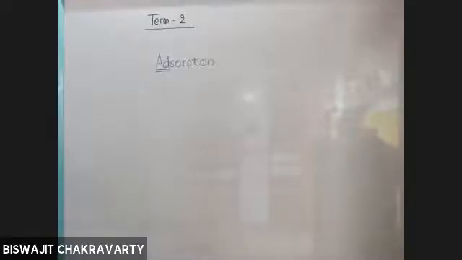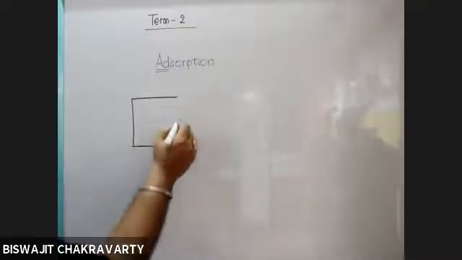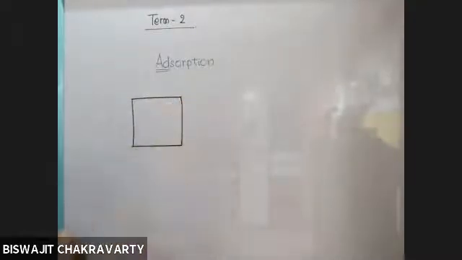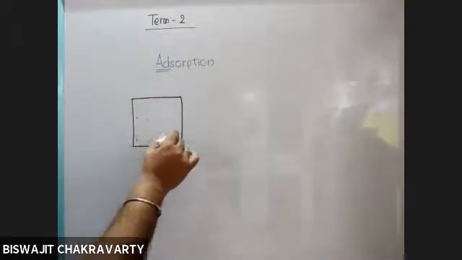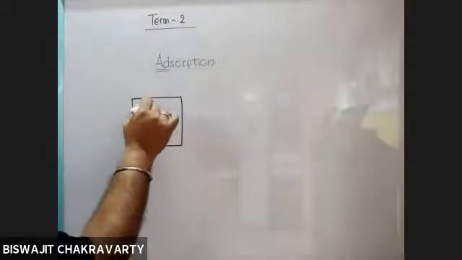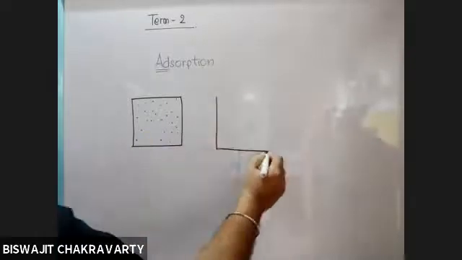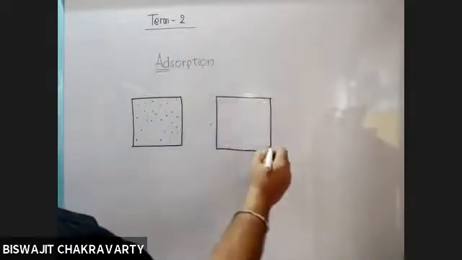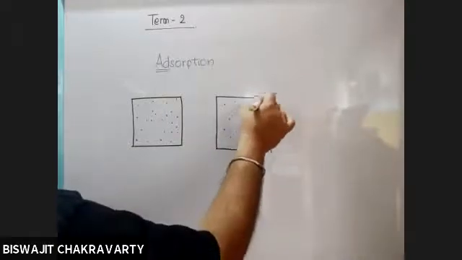So in order to understand this, let me give you two different examples. In the first example, let us take a closed container saturated with water vapor. Okay, so there is moisture present in this particular container, and in the same way we are taking another vessel with moisture in it.